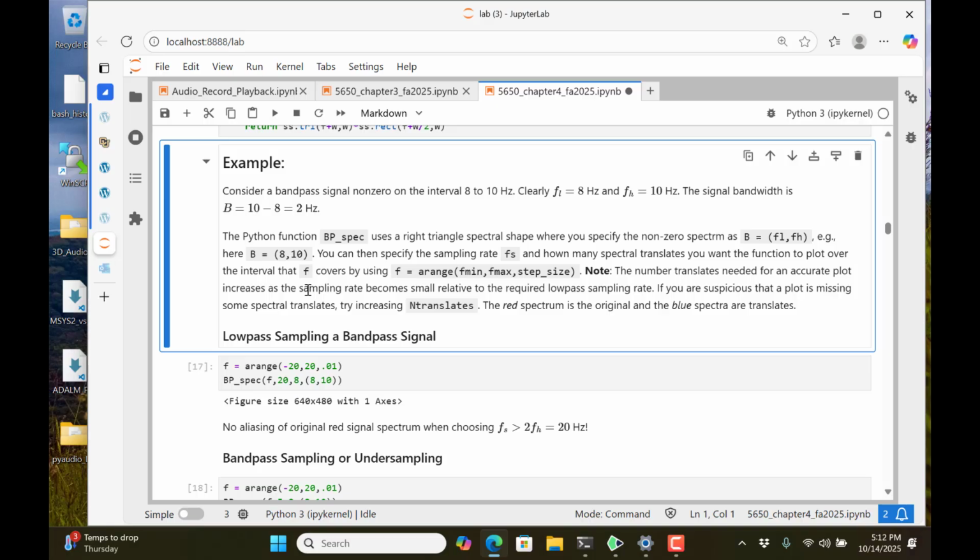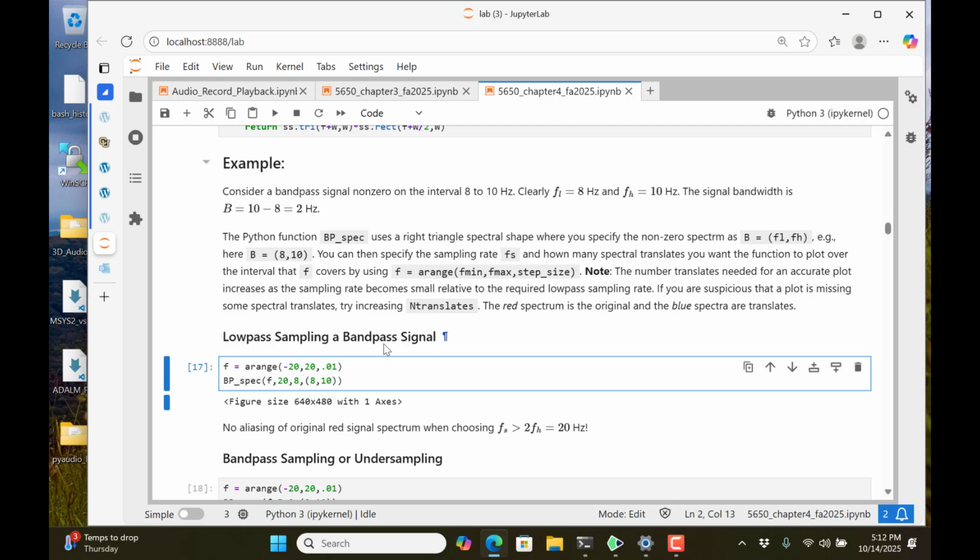So let's take an example. Let's run from minus 20 to 20 hertz, we could say kilohertz, whatever, step in 0.01 units. Now we're going to create the bandpass spectrum over that range of frequencies, and I'm going to set the sampling rate at 20. I'm specifying 8 translates, and I'll try to show you what that means in a second.